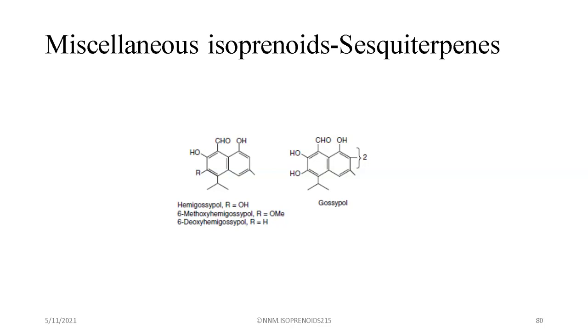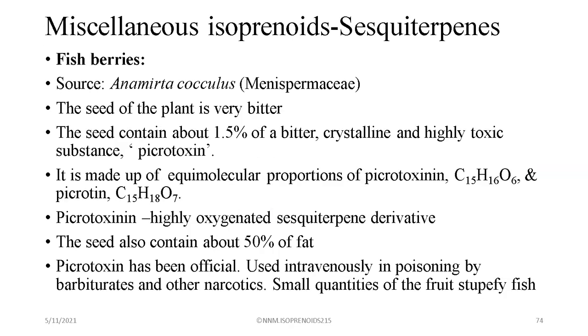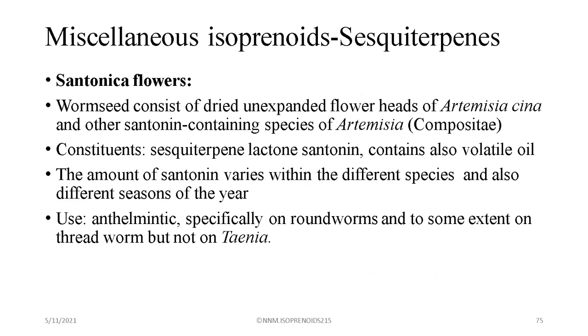We talked about fish berries. We said the most unique thing was it can be used intravenously in poisoning by barbiturates. Then we've talked about Santonica flower, from Artemisia cina. We use the unopened flower heads. It has antihelminthic properties, more specifically roundworms.